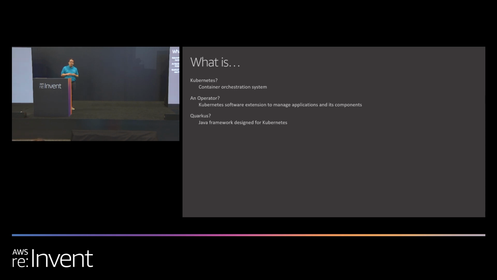Let me give you a more detailed example of what an operator would do. Imagine you have an application that uses a database of sorts, and you want to tell the application where the database is. There are several options to do so. One option would be, as soon as you start up the database, you make an entry in something like Consul or etcd, where you put the IP address of the database pod, and when your application starts up, it can read that entry.